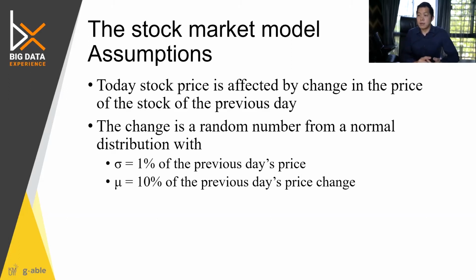After capturing the variations, if we compute the sigma of the change in the price, we find that sigma is like 1% of the price in the previous day, and the mean is 10% of the price in the previous day. For example, it can be like this.